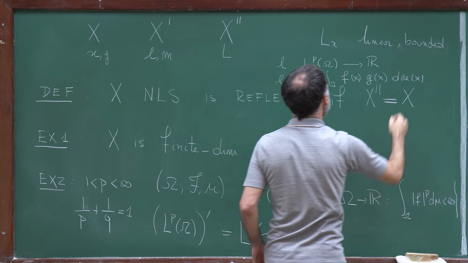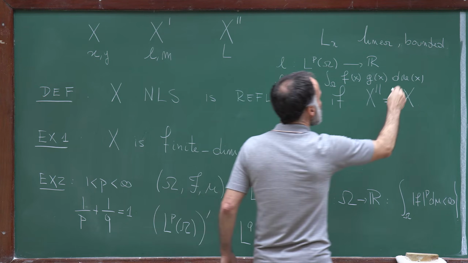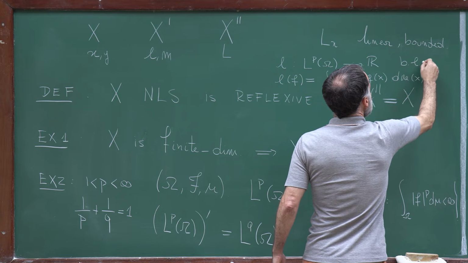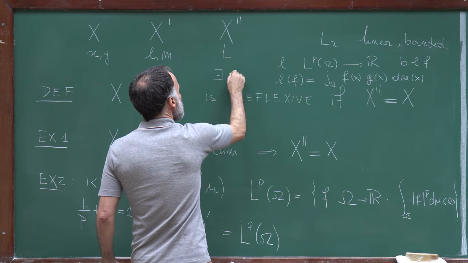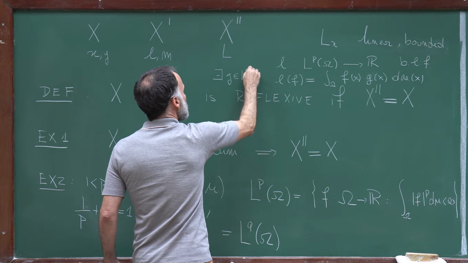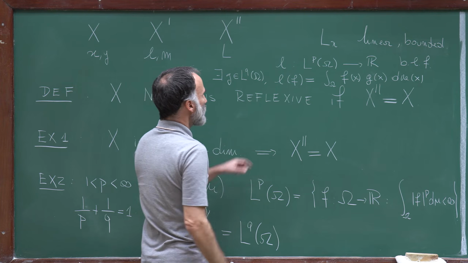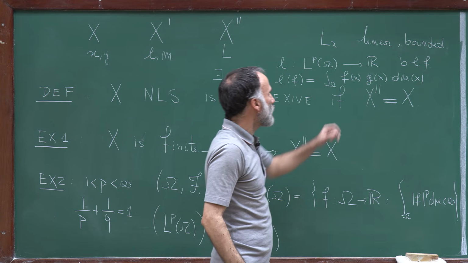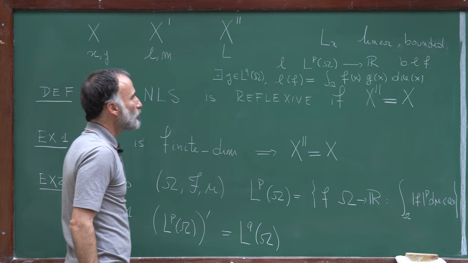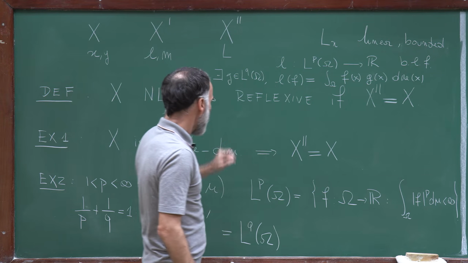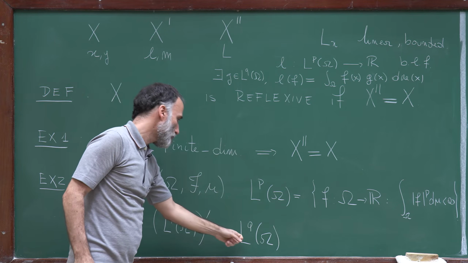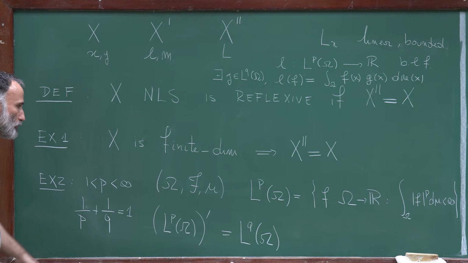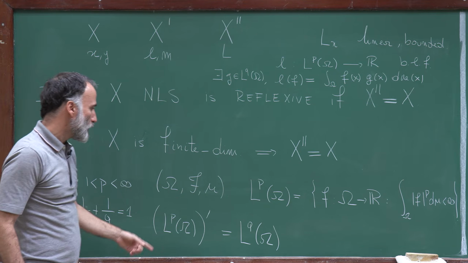What I claim is that if L is a bounded linear functional on L^p, then there exists a g in L^q such that L of f is given by this formula, and therefore you can identify the dual of L^p with L^q.